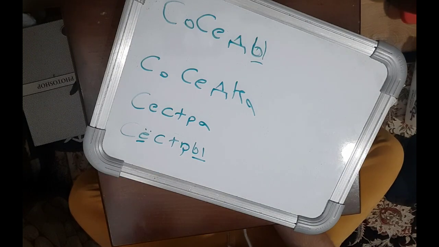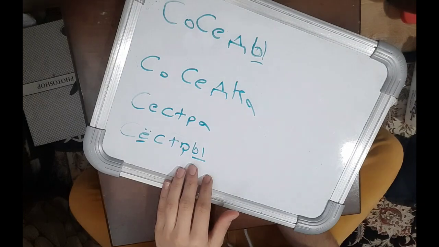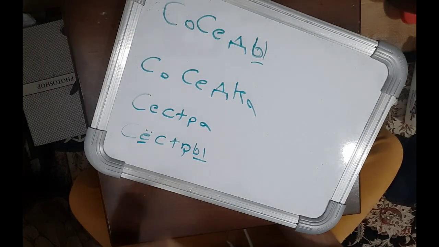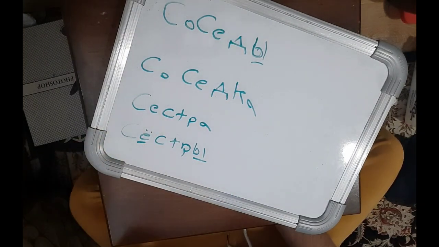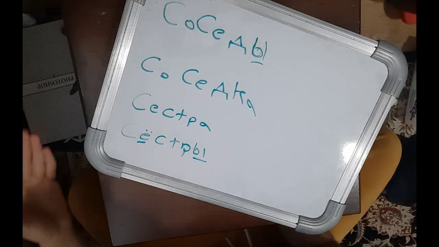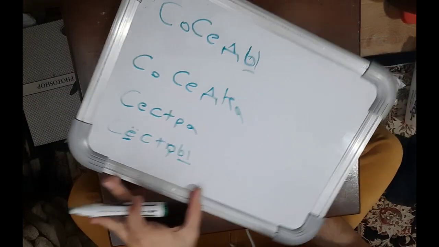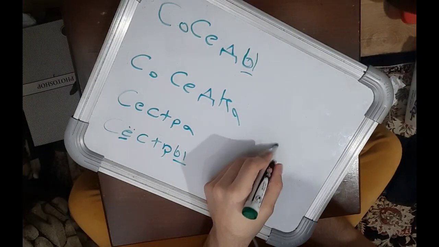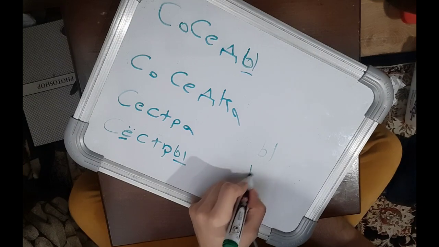So you have the word sistri. It's kind of similar to sustri, but actually it's not sustri. It's sistri in the genitive case. Or you have the word mama, and the genitive case of mama. There is a hard ending and a soft ending.